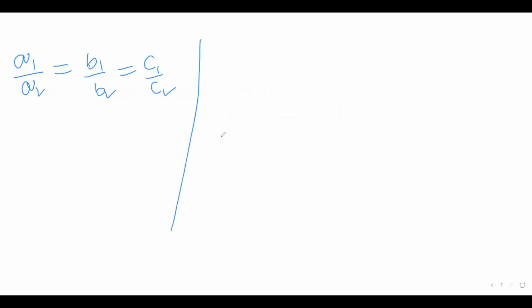The next condition is A1 by A2 is equal to B1 by B2 is equal to C1 by C2. If this condition is satisfied, you will get coincident lines. Coincident lines lie one above the other. They have the same points, same solutions.